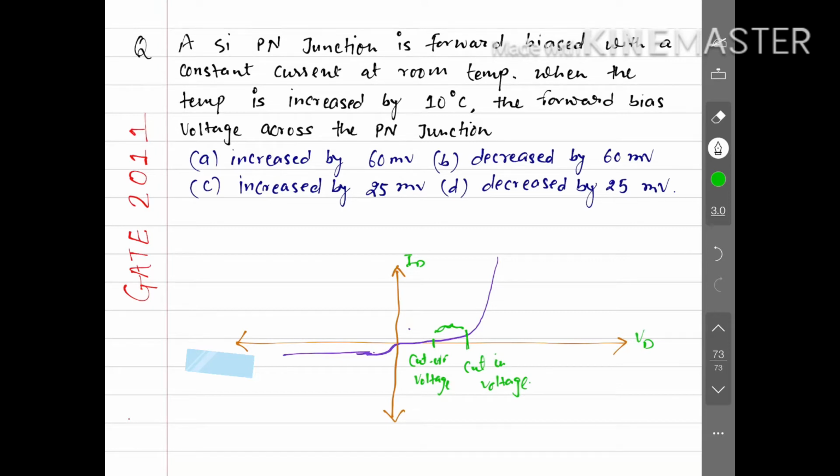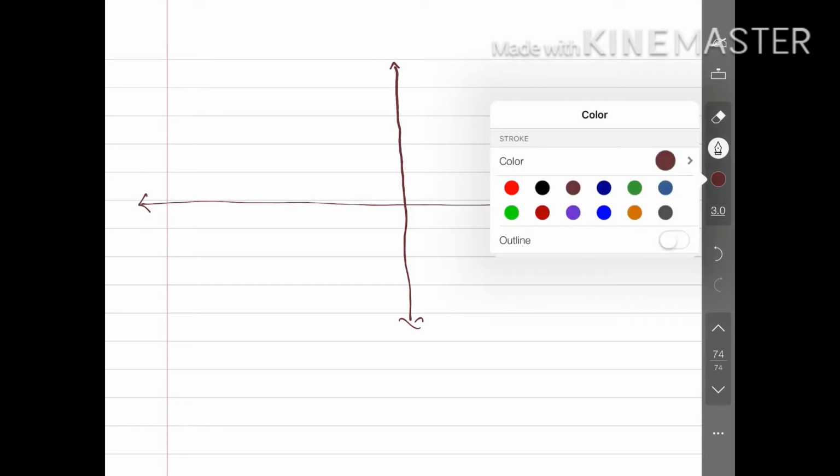So now, okay, what happens when we increase the temperature? Okay, so let me take another page. So what happens when we increase the temperature, right? So let me redraw this figure in terms of temperature so that we could understand the temperature dependency very clearly.